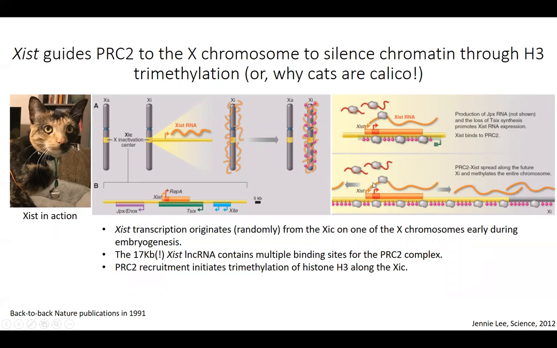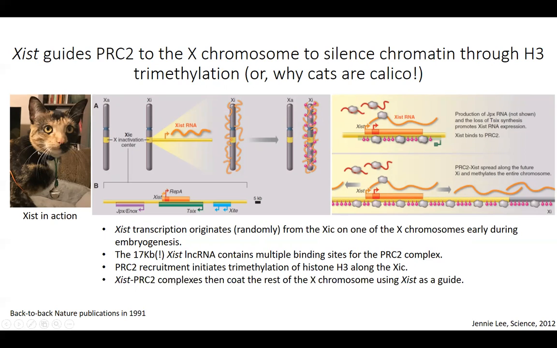So this Xist RNA will actually keep pumping this out, coat the entire chromosome, and then bring in this PRC2 complex to methylate the whole thing, which you can see here in pink. Okay, and so this is going to use the Xist RNA as a guide to know which chromosome we're going to methylate and shut down. So this is a pretty cool way to do this.